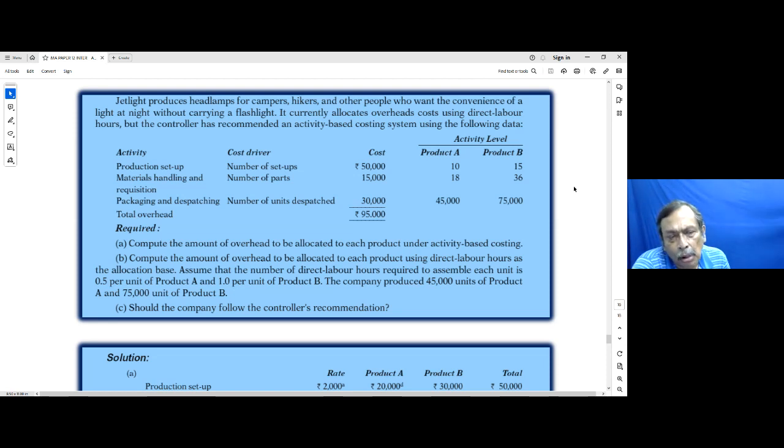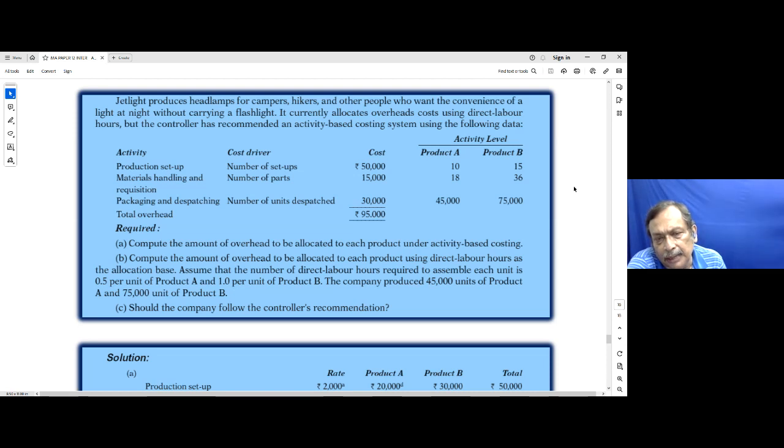What are you required to do? Part A, compute the amount of overhead to be allocated to each product under activity-based costing. Next, compute the amount of overhead to be allocated to each product using direct labor hours as the allocation base.